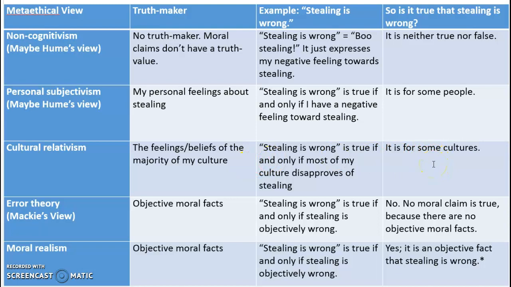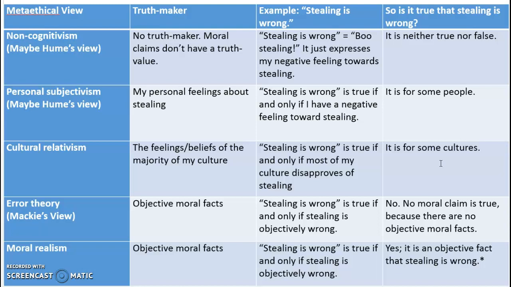Well, it depends on your culture. For many cultures, it is true that stealing is wrong because most of them disapprove of stealing. But maybe there are some cultures, or there could be, where most of the people approve of stealing. And in those cultures, it would be right. So it's not objectively true or false, but it's kind of subjectively true or false depending on the culture.